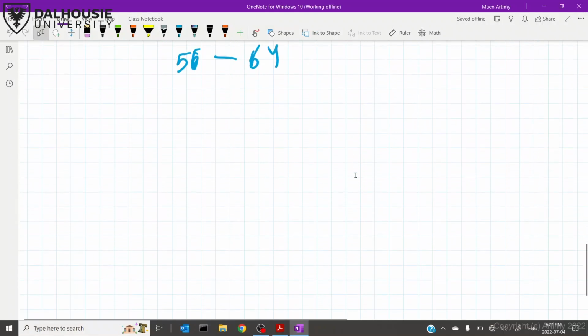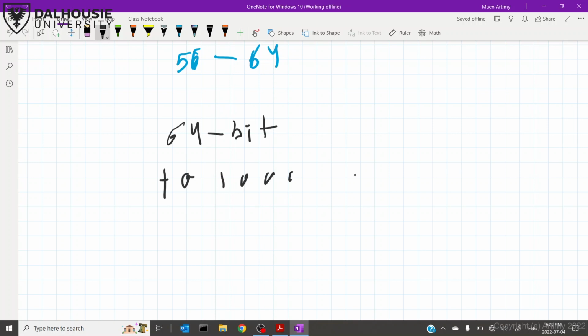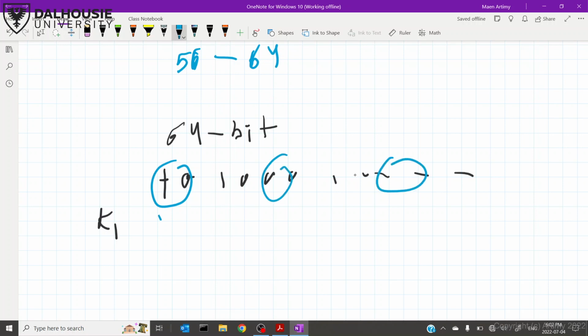We don't really want to describe this in detail, but let's say we have a 64-bit key, 10100001, something like that, right? So we could simply say K1, the first key, is the first two bits, then skip two, then the second two, then skip two, then the third two, and so on. So we generate 48 bits from this.